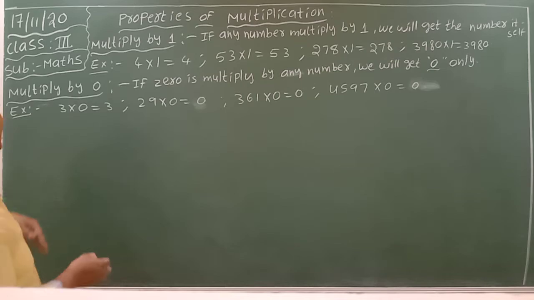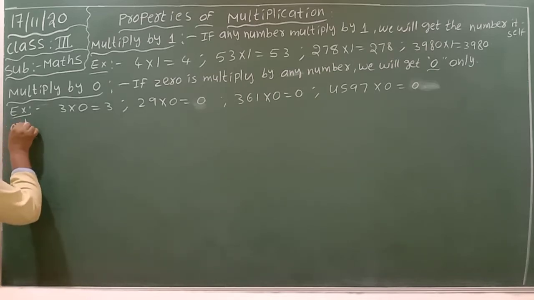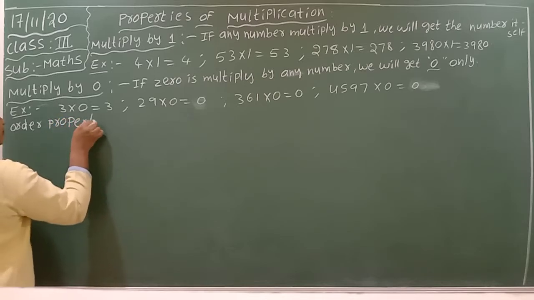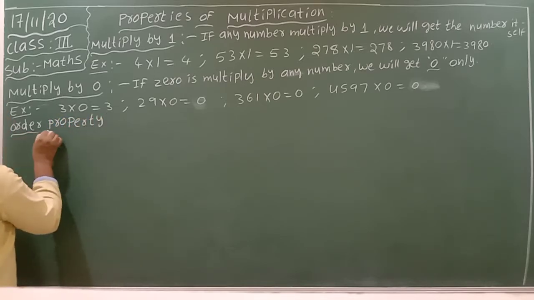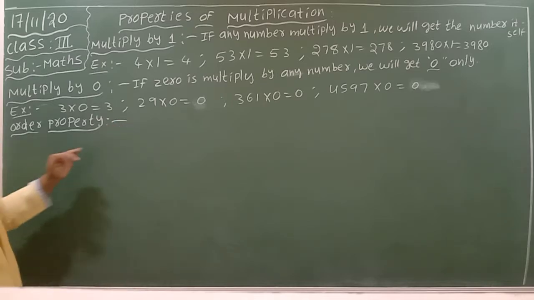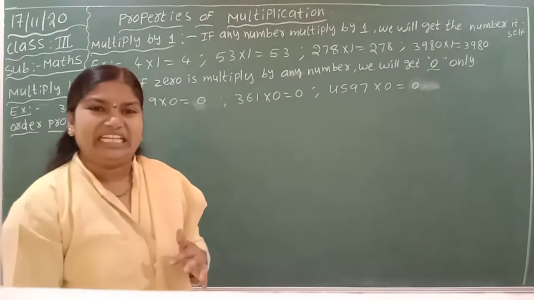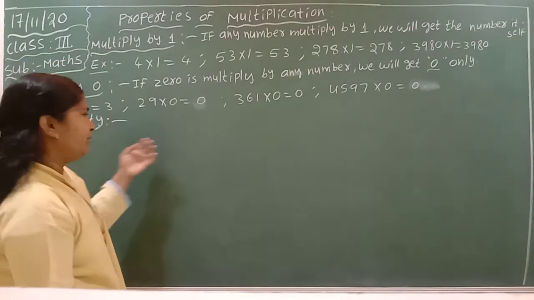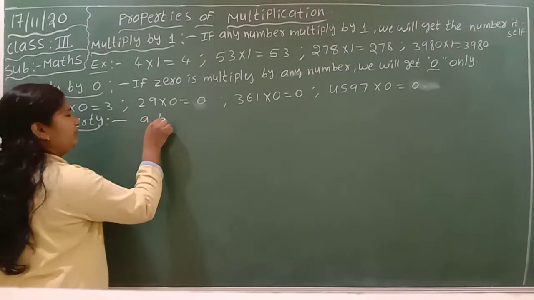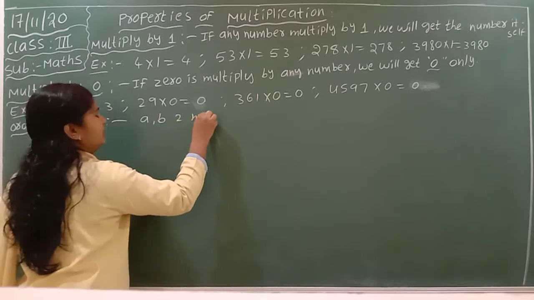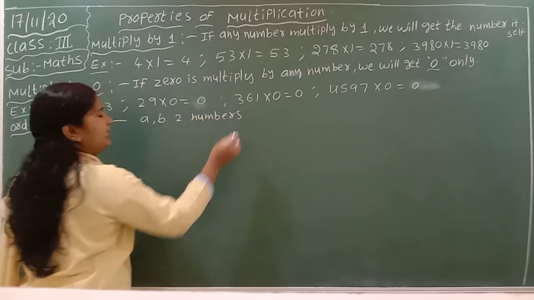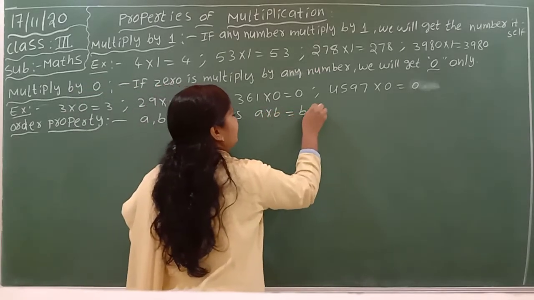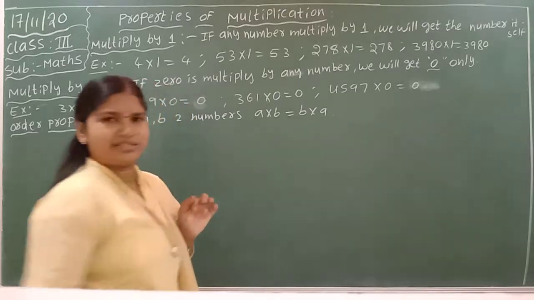Go for the third property, that is order property. Third one is order property. What do you mean by order property? If we take any two numbers, a comma b, and if you multiply a into b and b into a, we will get the same answer.